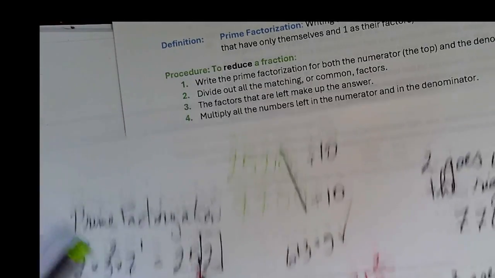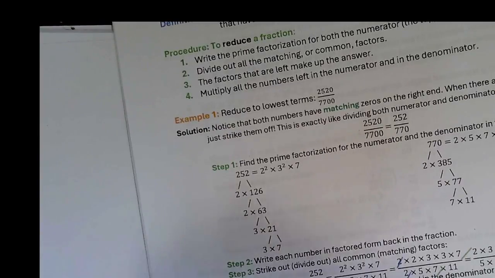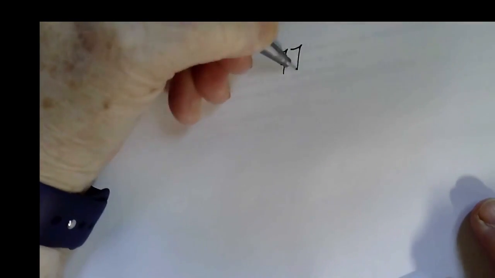Well, now let's find the prime factorization of 770. And let's first ask the question, because it's nice to start in order, does 2 go into 770? And that's exactly right. Since the rightmost digit is 0, 2, 4, 6, or 8, this is indeed an even number, and 2 will work.